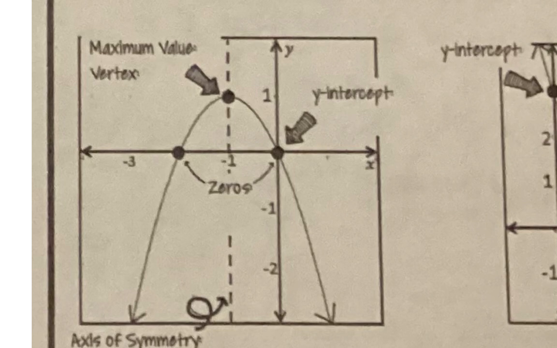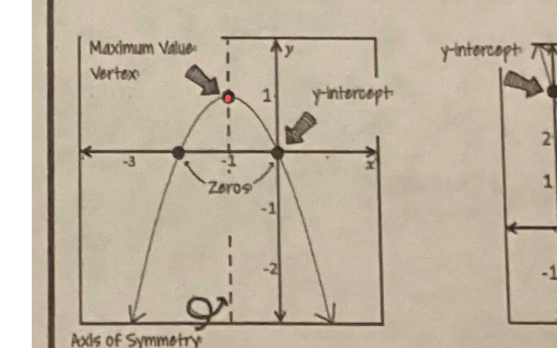First things first. I'm going to touch some locations in red. This is my vertex. In the parabola, you kind of say it's the center of your quadratic function or your parabola, however you want to call it.